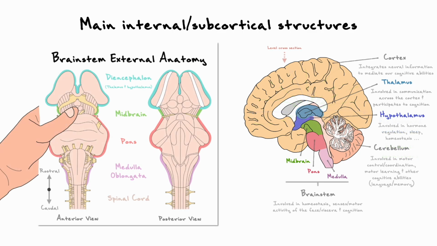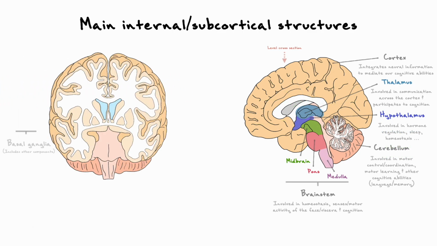The next important structure that I want to point out is the basal ganglia. The basal ganglia is a collection or circuit of nuclei that work together to control movement initiation. This circuit is also involved in some forms of implicit memory, habit learning, as well as other diverse aspects of cognition.